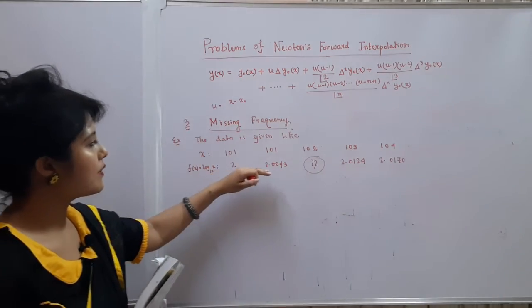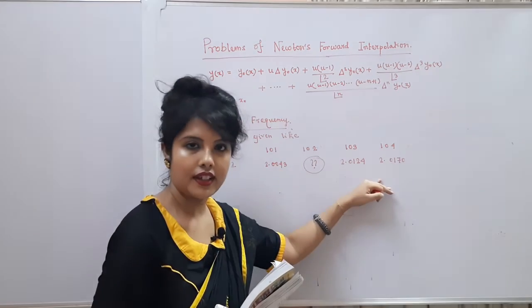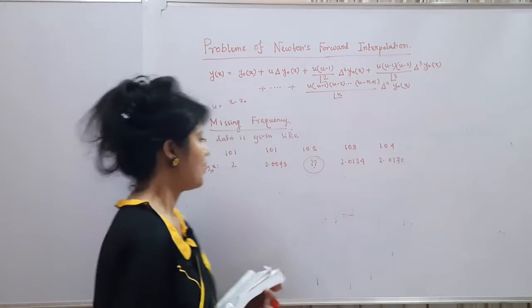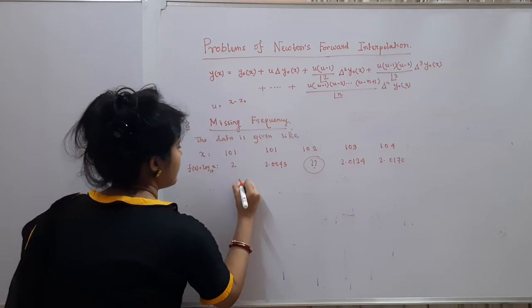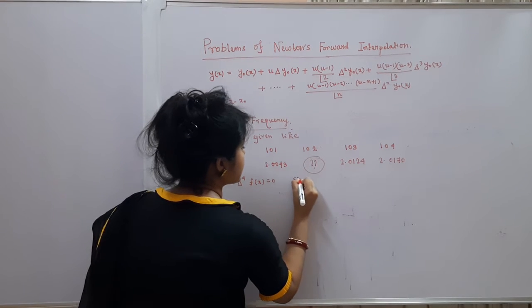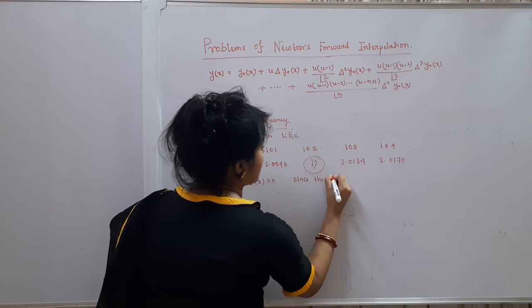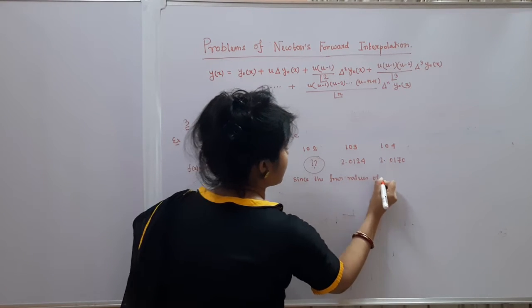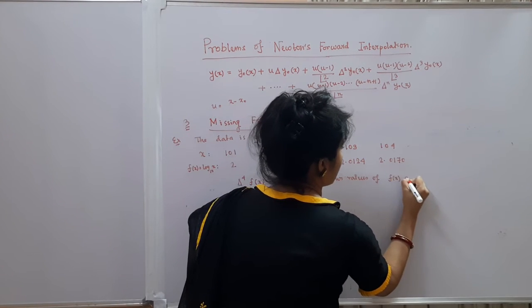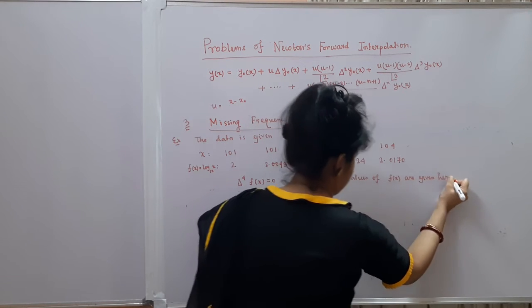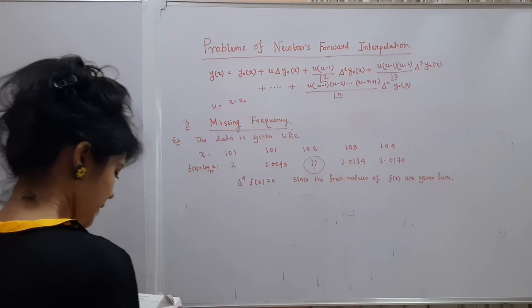Since the 4 values are given here, its 4th difference is 0. That means delta 4 f of x will be 0, since the 4 values of f of x are given here.